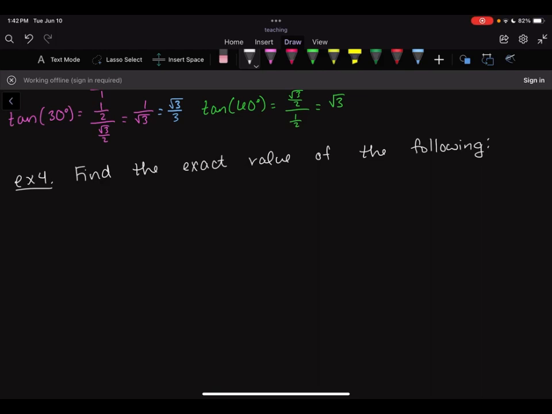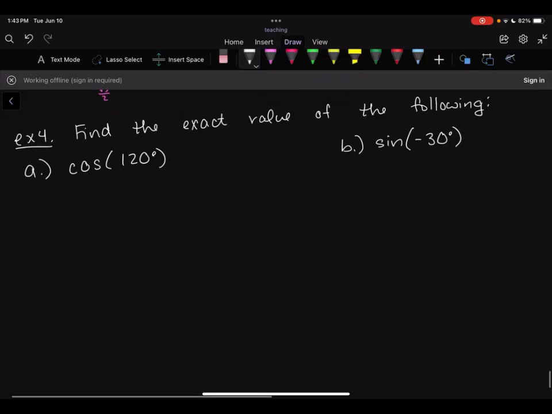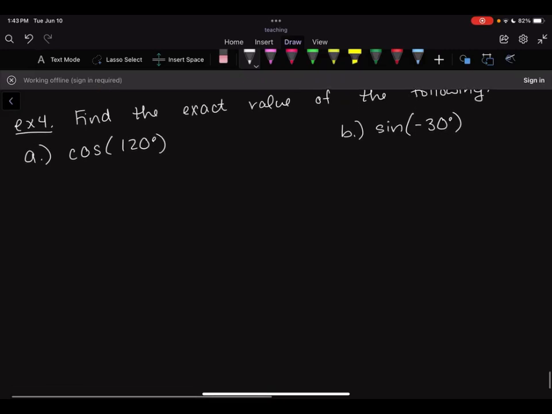Let's do cosine of 120. We'll do sine of negative 30. And I'll do some more, but I don't want to run out of space or anything.